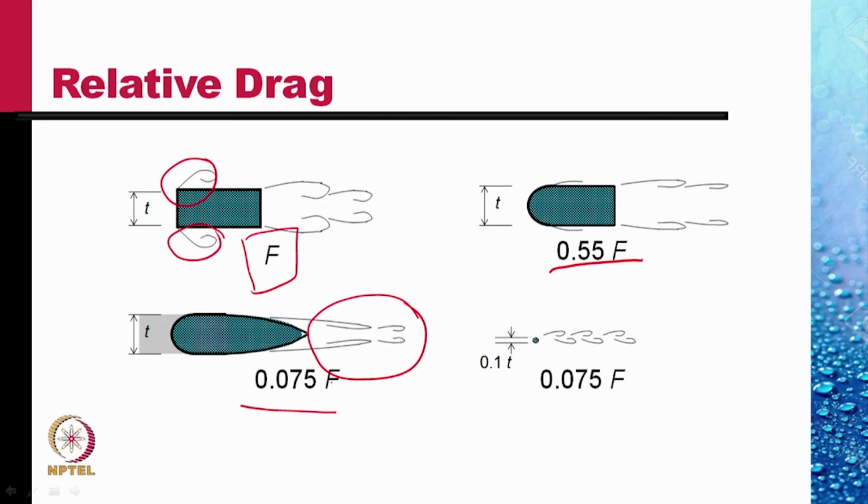In the fourth picture, I've compared the drag on a circular cylinder, with a diameter of only 10% of the frontal diameter of the long tapered tail body on the left, and they have the same drag.